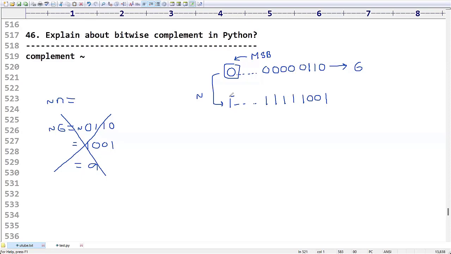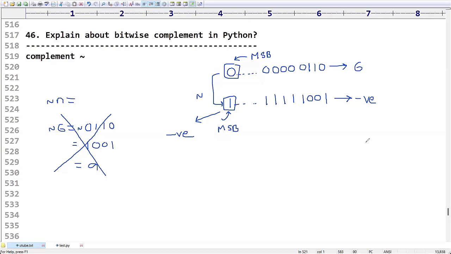Suppose if your most significant bit is 1, please make sure that this number is a negative number. If you have a negative number, you can't convert directly into decimal value.